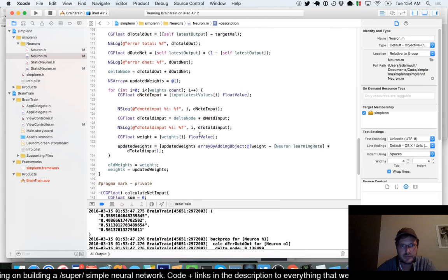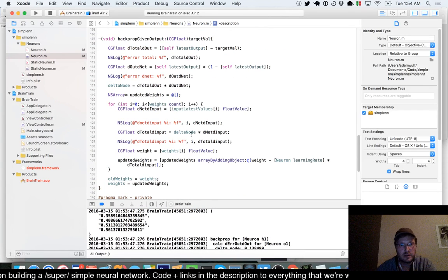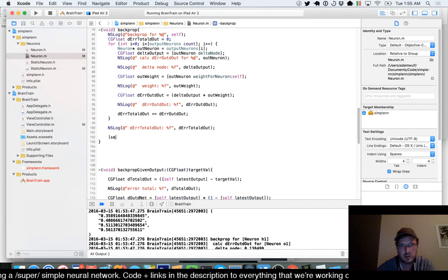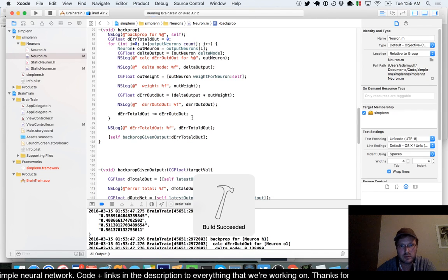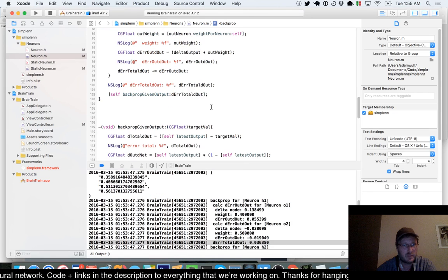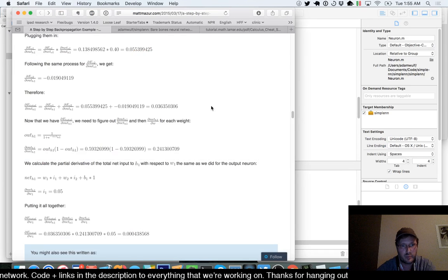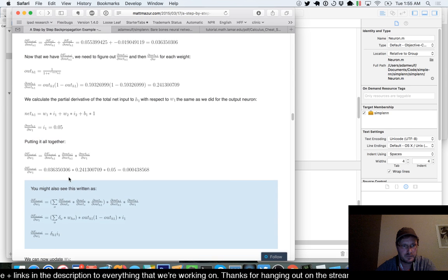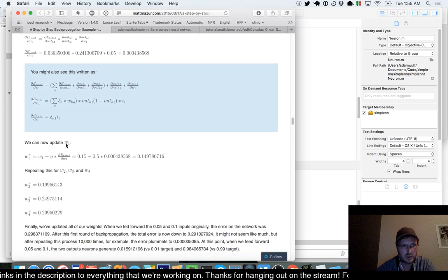So now we can self backprop given target output, which is D error total out. I believe that's going to be magic if that's all it is, and I'm pretty sure that's all it is. In H1, error total, so then we can now update W1. So now W1 is going to be this, right?